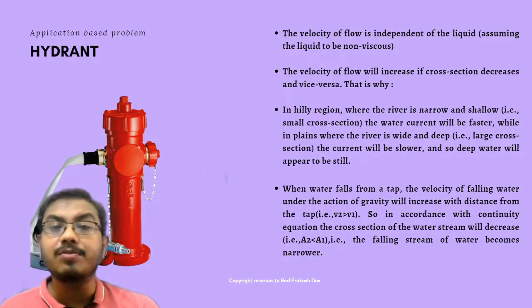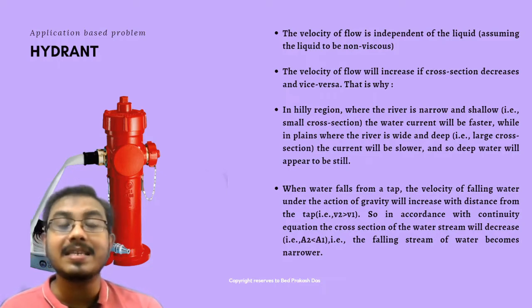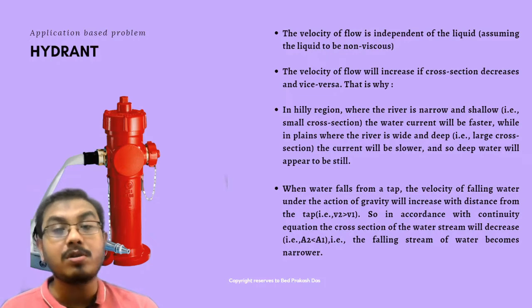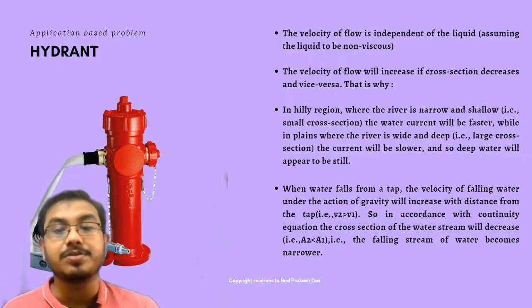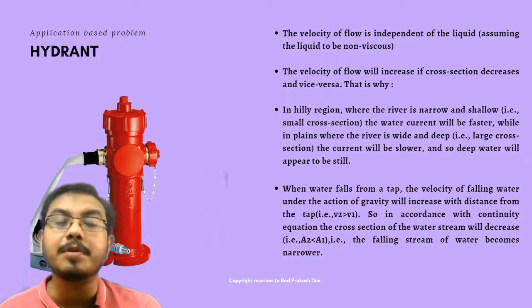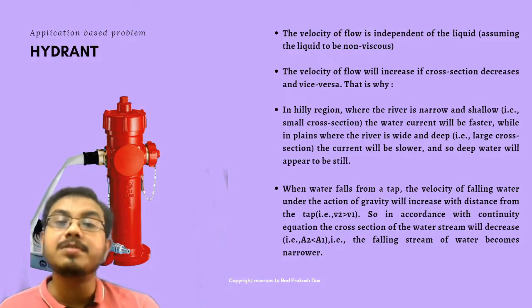I will show you the calculation for the hydrant a little later. Considering the waterfall from a tap, as well as in the hilly region, the narrow or shallow flow of small cross-sectional area can be seen with faster velocity. So these are some special cases you have to remember for your entrance exam, as I give you some tricks in each of my sessions.